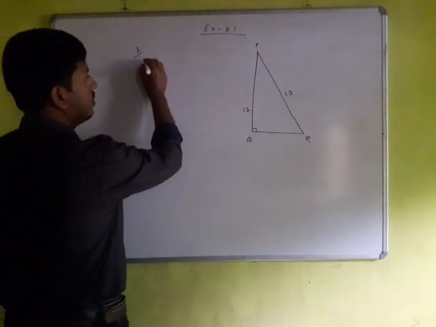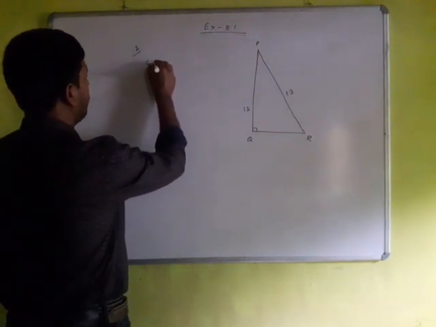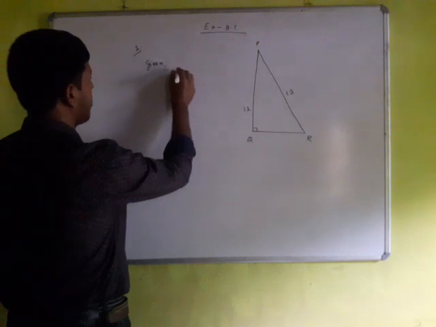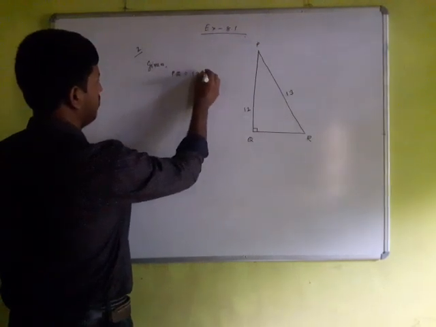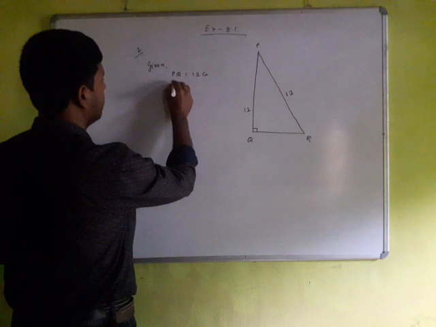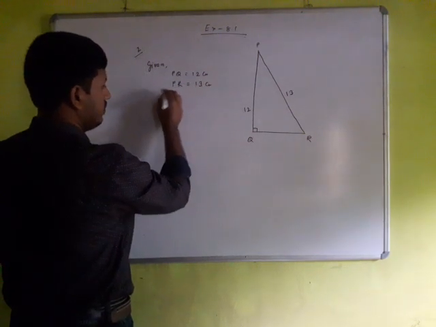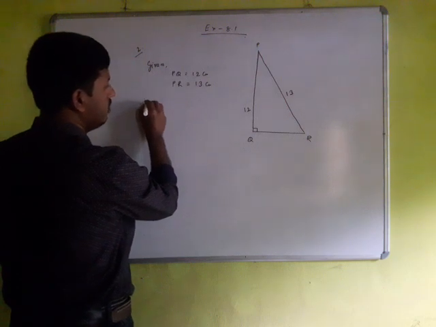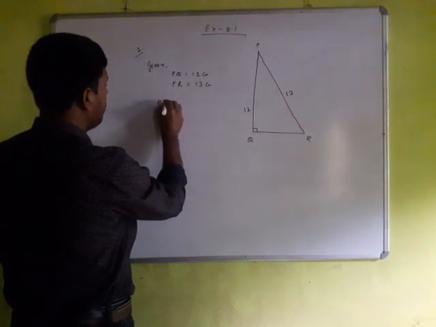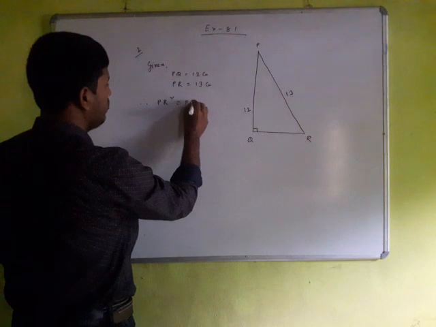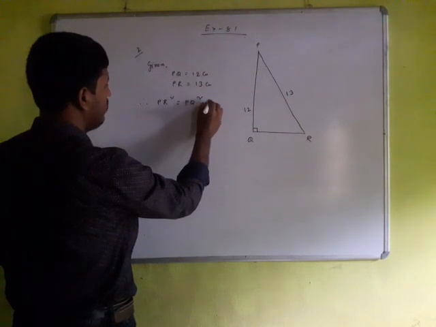So given PQ equal to 12 centimeter, PR equal to 13, therefore PR square equal to PQ square plus QR square.